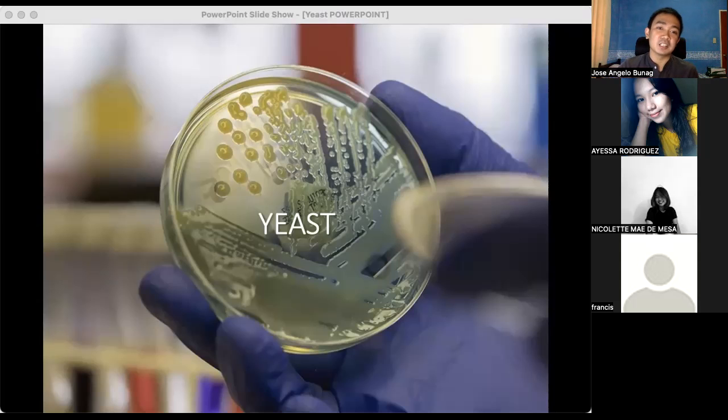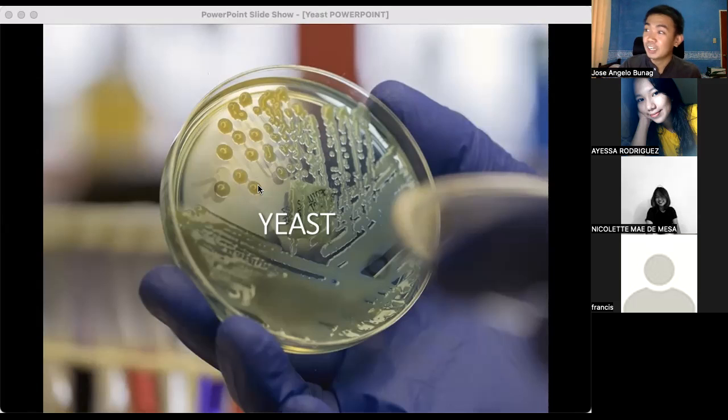Ang mga yeast natin, they are single vegetative cells, and if you somehow cultivate them inside a laboratory, particularly if you use your culture media, ang itsura po nila ay they are somehow defined as a single vegetative cell. They are smooth, creamy, and they somehow resemble bacterial-like colonies.